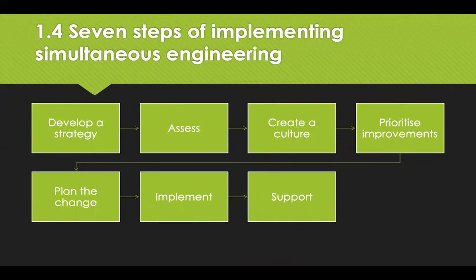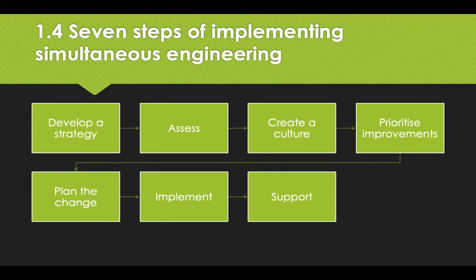So here are the 7 steps of implementing simultaneous engineering. Firstly, you need to develop a strategy, which needs to be done by the top management, and it needs to be a top-down approach. You need to assess the organisation's existing conditions by benchmarking, questionnaires and performance metrics. Create that culture to increase awareness of the simultaneous engineering methods, providing training to those that need it.